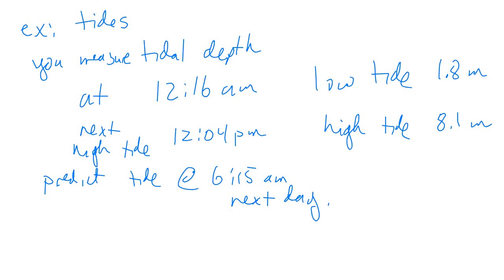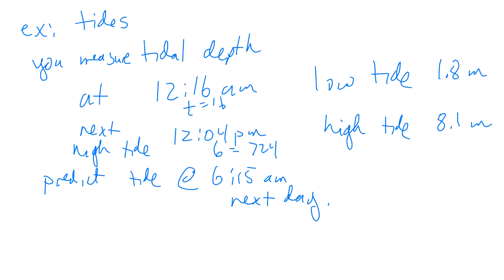So at time 724, we have 8.1 meters, and that's the next high tide. Okay, and then what we want to do is predict 6:15 a.m. the next day. So if I'm measuring time in minutes, this is t equals 16. This is t equals 724.